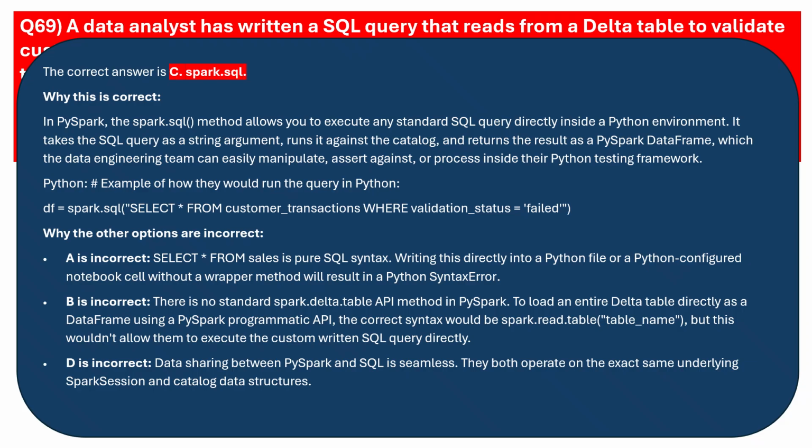To load an entire Delta table directly as a data frame using a PySpark programmatic API, the correct syntax would be spark.read.table(table_name). But this wouldn't allow them to execute the custom written SQL query directly. D is incorrect. Data sharing between PySpark and SQL is seamless. They both operate on the exact same underlying Spark session and catalog data structures.